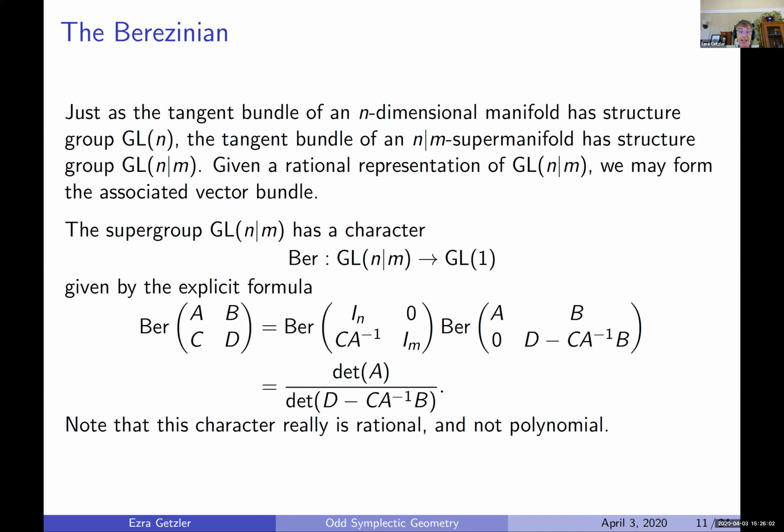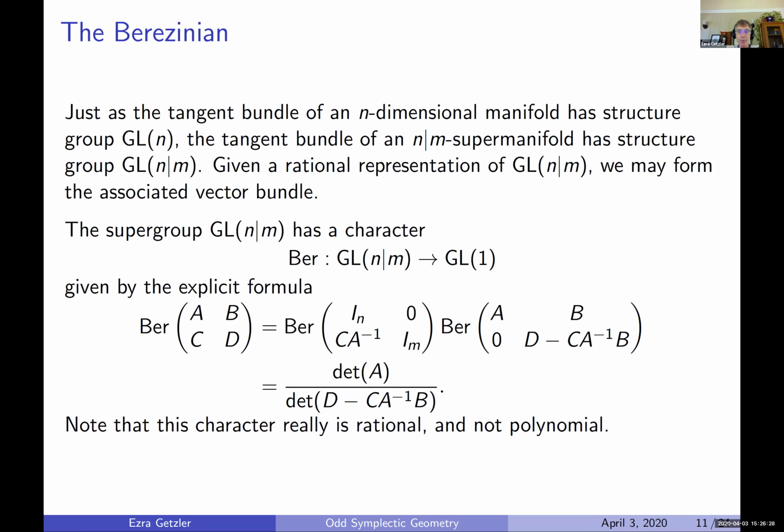Okay, so we need a particular rational representation that may be new for some of you. It turns out that the group of characters of GL(n|m), homomorphisms of the supergroup from GL(n|m) to GL1, in other words, maps of manifolds which are compatible with the supergroup structure.